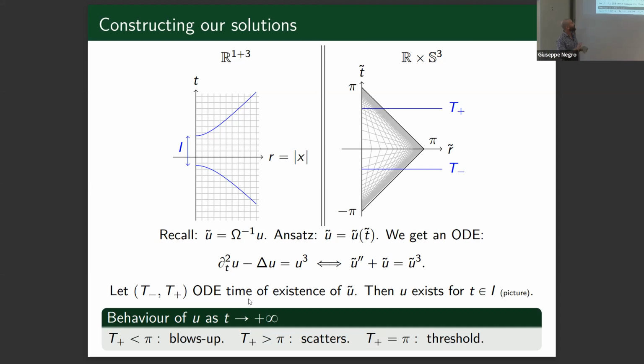But anyway, now I can finally tell you how we construct these solutions. What are we trying to do? We're trying to construct solutions to the cubic nonlinear wave equation, which is this. We have at our disposal all this conformal theory, which tells us that we should define a new function in this way.